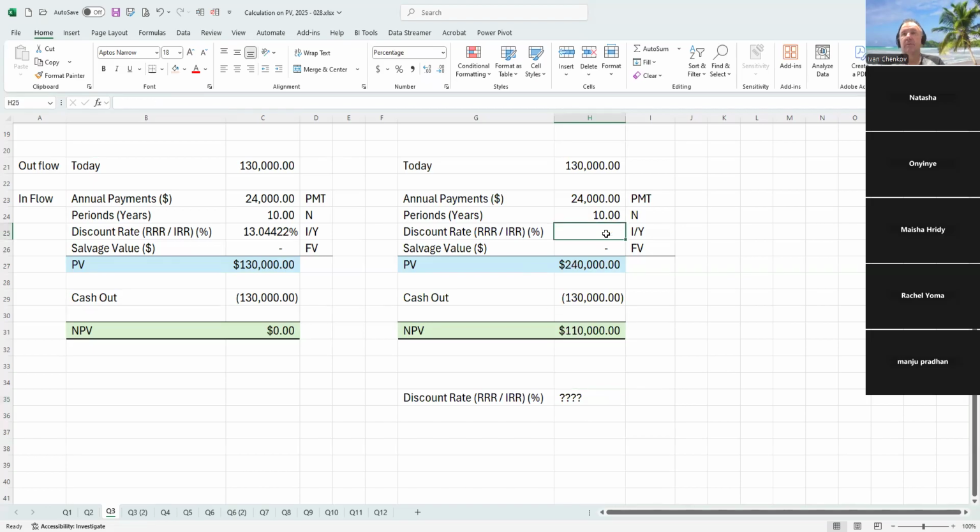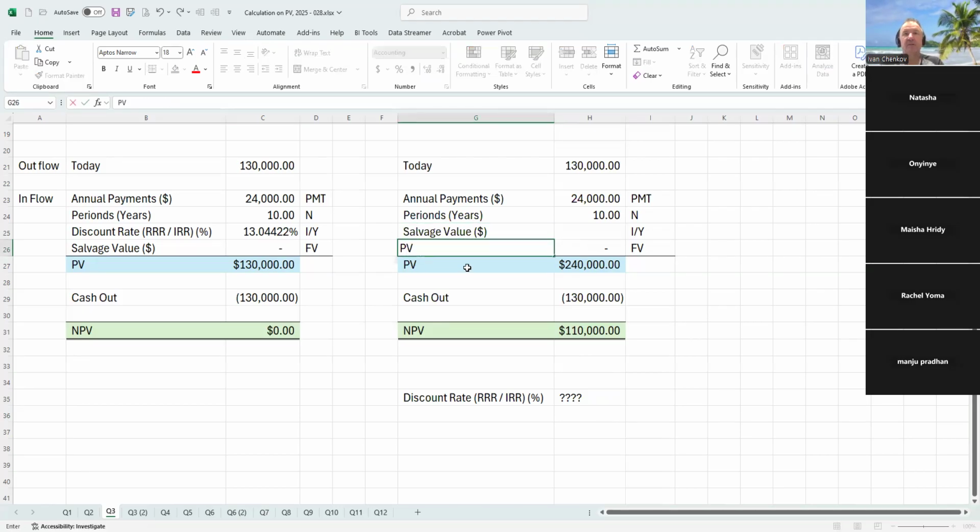We don't know it, but what we know is that the net present value is zero. That means if we remove this one, and we know the present value, let's move the salvage value up here. And let's go here, the present value. I know the present value should be equal to my initial investment, correct?